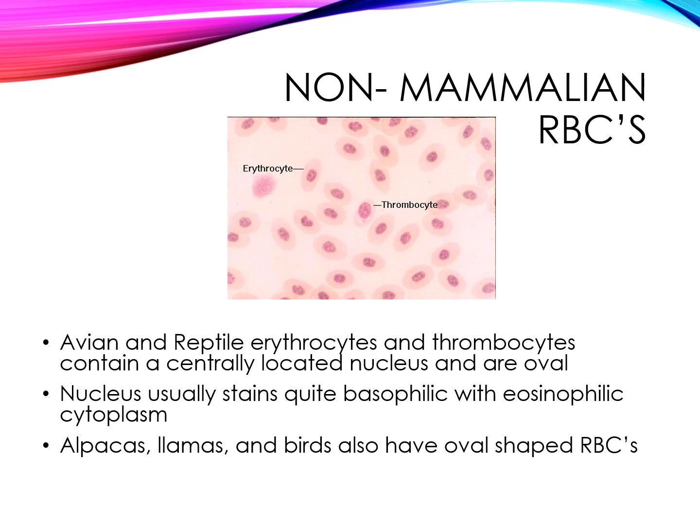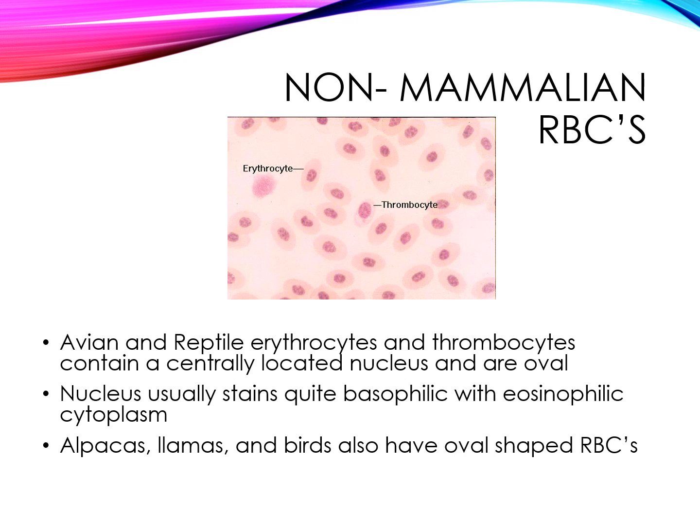Okay, so as we discussed, mammalian red blood cells are usually that biconcave disc shape, but there are some species where they are more oval shaped and they also have nuclei. Birds and reptiles, for example, their red blood cells and platelets both have a centrally located nucleus and are oval shaped.